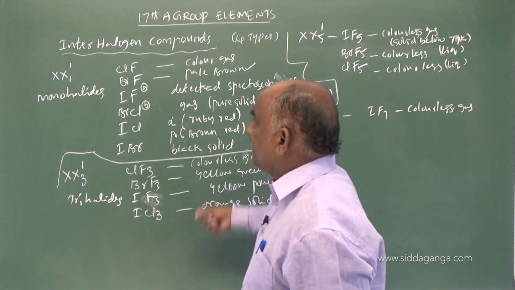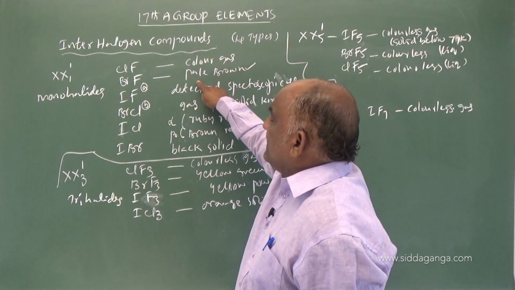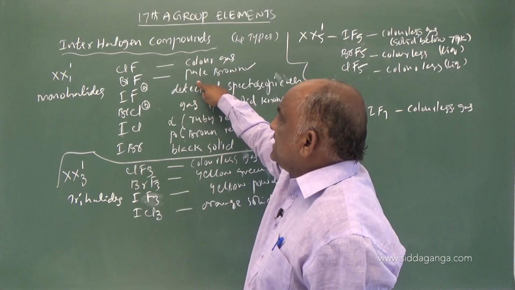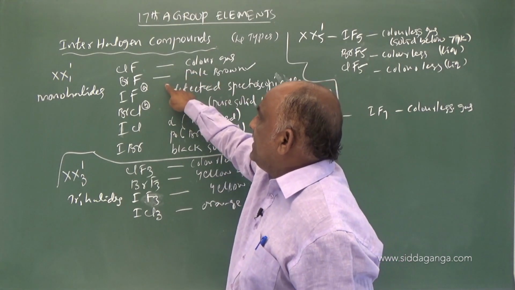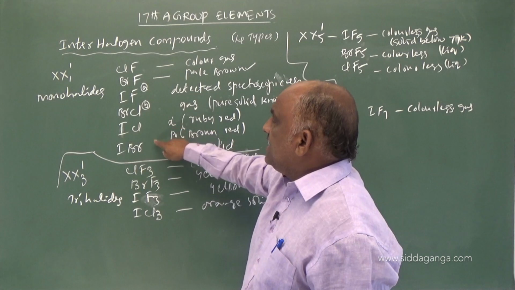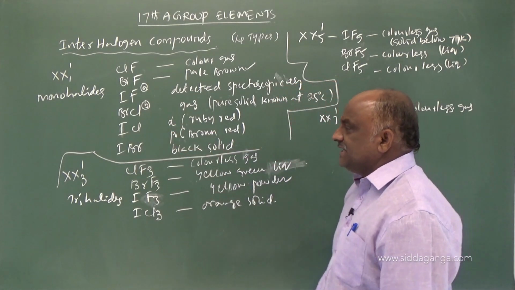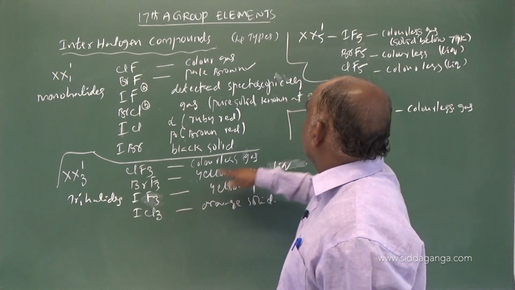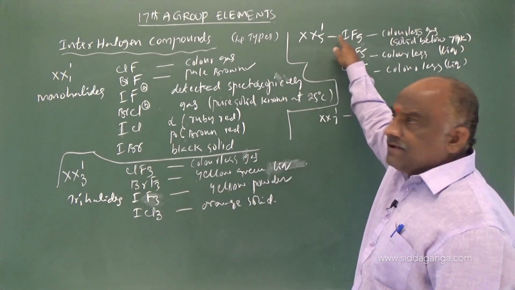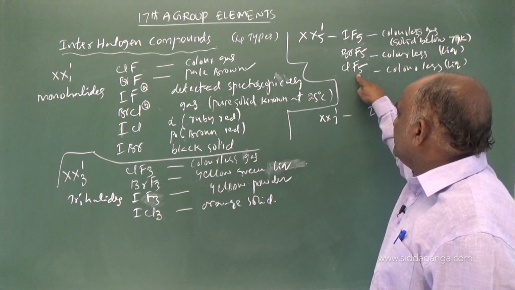So here, the XX1 dash type: ClF, BrF, IF, BrCl, ICl, IBr. XX3 dash: ClF3, BrF3, IF3, ICl3. XX5 dash: IF5, BrF5, ClF5.